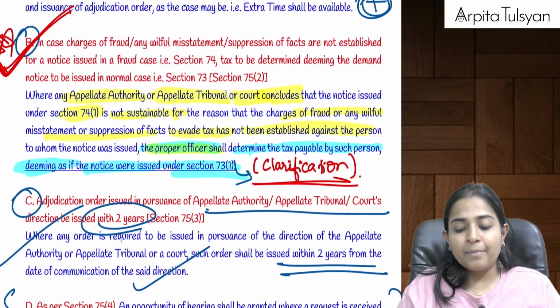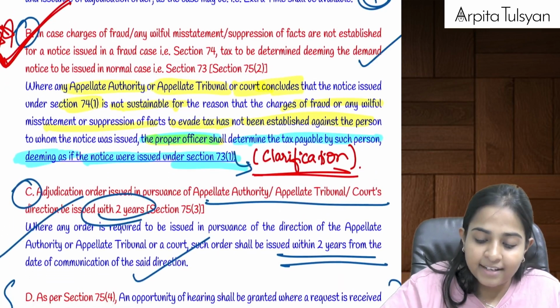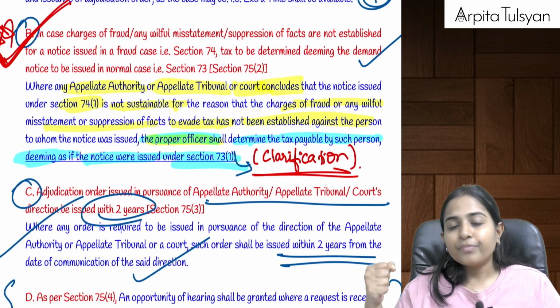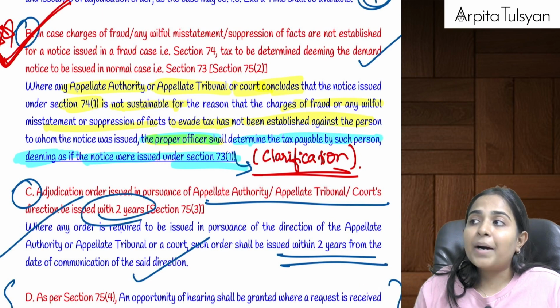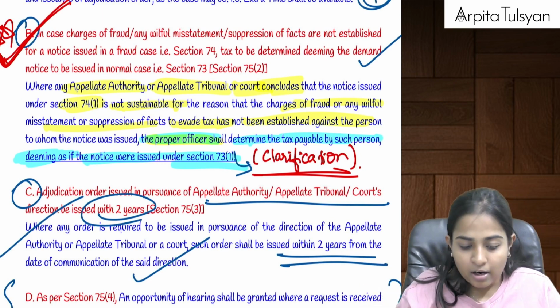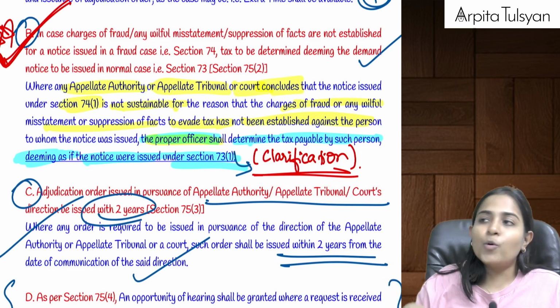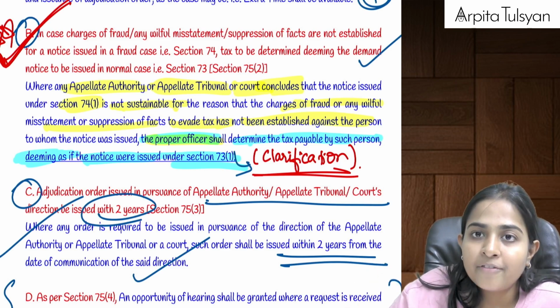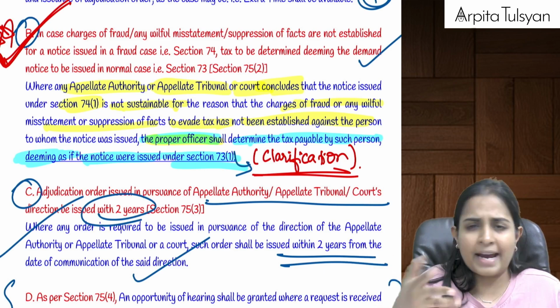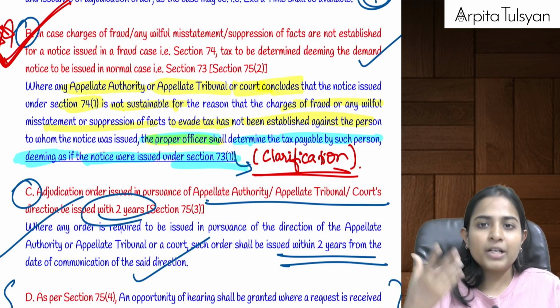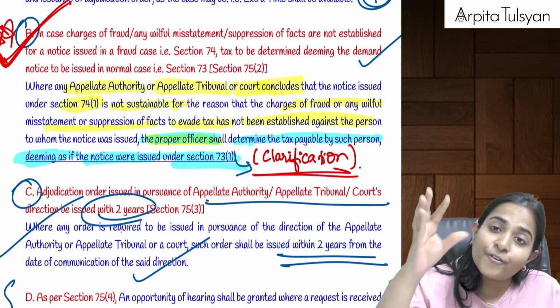Now similarly, one very good point here is, let's say, for example, the department passed an order, issued a show cause notice on you for claiming that you have done those 5 cases, non-payment, short payment, etc., and that too fraud was involved.